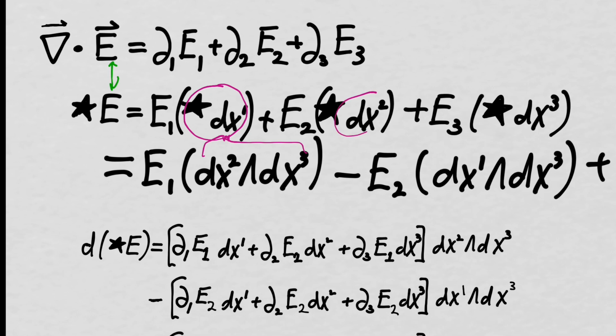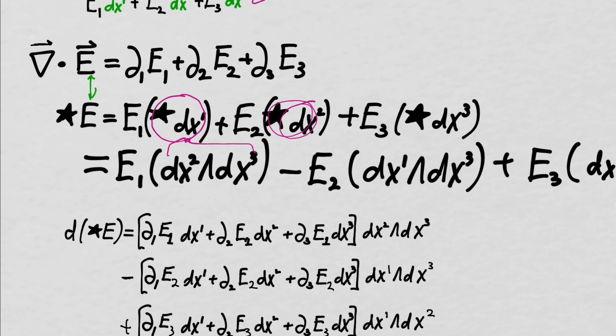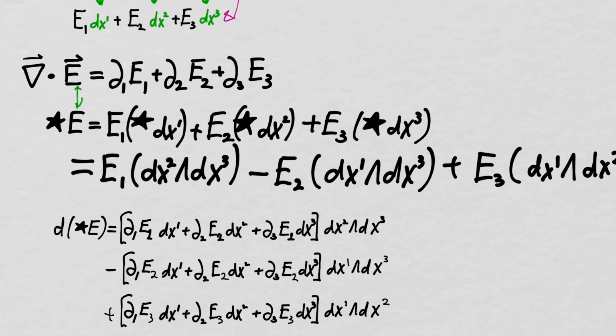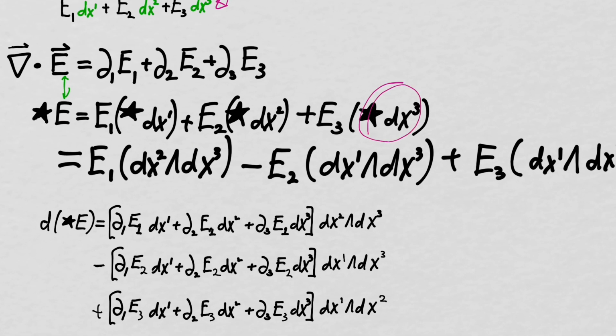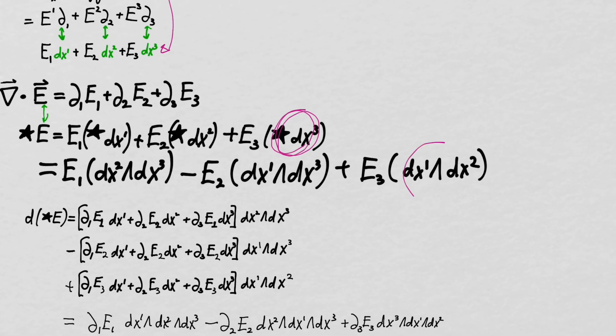The Hodge dual of dx2 is minus dx1 dx3. Now I could have switched this to dx3 dx1 and put a plus sign there, but for whatever reason I chose not to. I think it's because it works out without it. And the Hodge dual of dx3 is dx1 dx2.